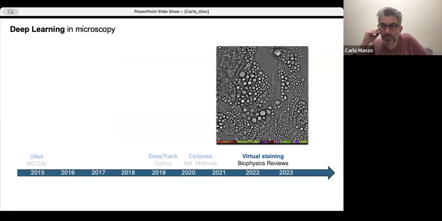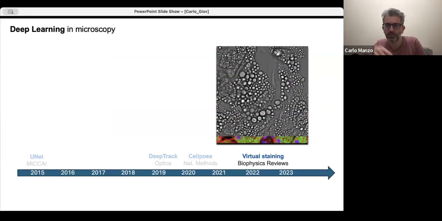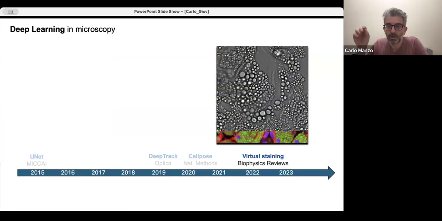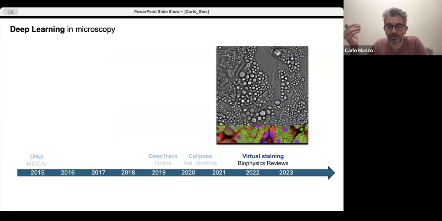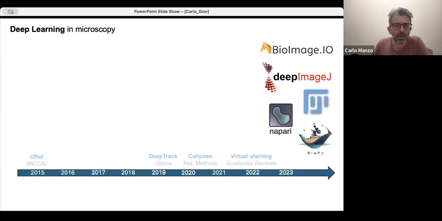If you can move on, basically we can move from an image modality like bright field or phase contrast to another one that allows us to specifically label cell regions, like nucleus, organelles, and so on, without chemically staining the image, but just through the application of AI. All these applications provide a lot of tools. There is a full zoology of tools that are more or less user-friendly and are available.